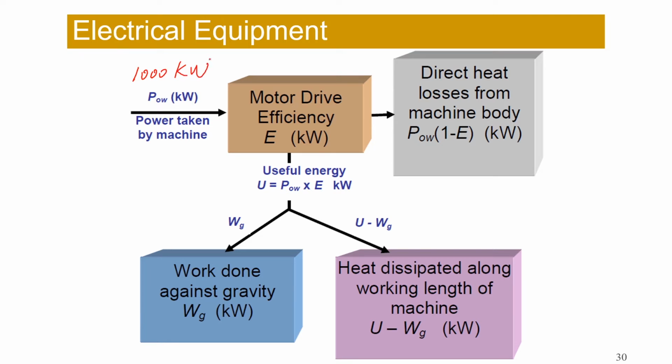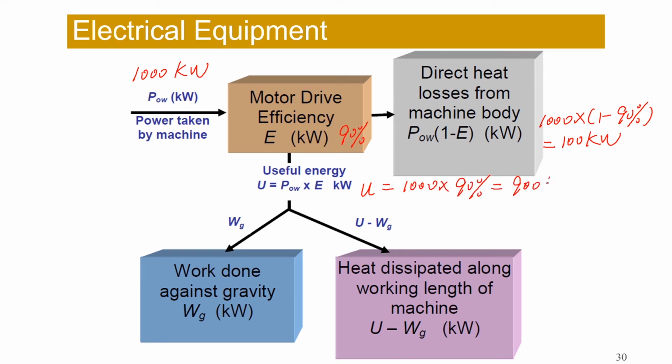It's divided in two, and the motor efficiency is 90%. So the direct heat loss from the machine body equals 1000 times (1 minus 90%), which equals 100 kilowatts. And here the useful energy equals 1000 times 90%, which equals 900 kilowatts.